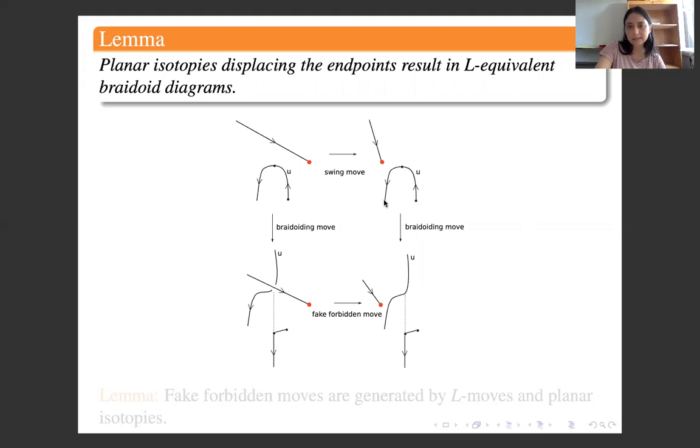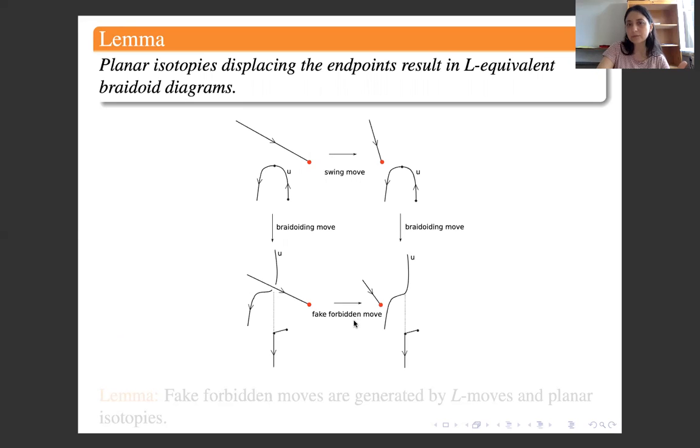And in the second instance, after the swing move, we take the endpoint here and we obtain this piece of diagram under the braidoiding move, where we don't observe any crossing here. Actually, this is a forbidden move for the resulting braidoid diagrams. To take the endpoint from here to here, we need a forbidden move.